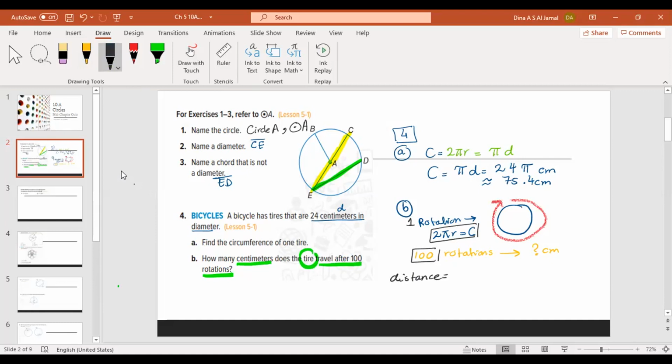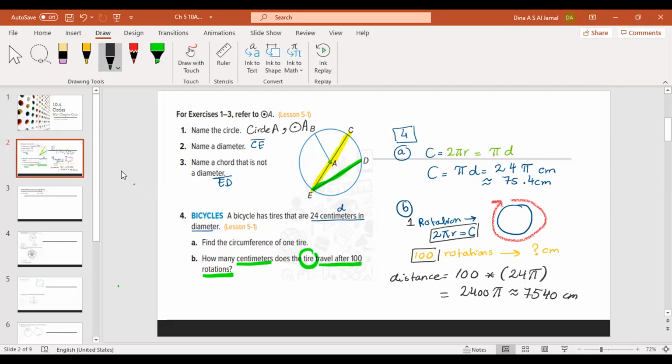So the distance is all about multiplying. So 100 multiplied by your circumference, which you got in A. That means it will be 24 pi multiplied by 100, so your distance will be 2400 pi, which will be around 7540 centimeters.